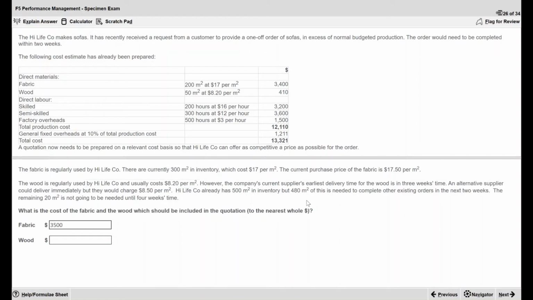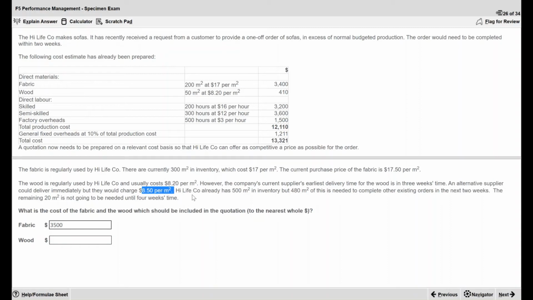However, the company's current supplier's delivery time for the wood is 3 weeks, and we need to do this in how much time? Let's see, 2 weeks. We need it in 2 weeks, so the supplier will not be able to deliver on time. So that means we have to go for alternative. An alternative supplier could deliver immediately, but they would charge 8.50 per square meter.